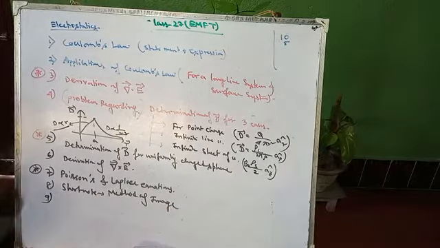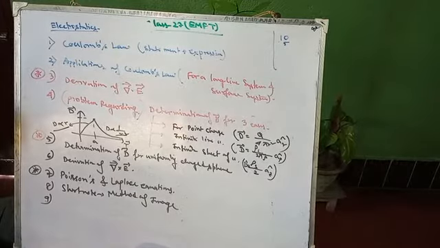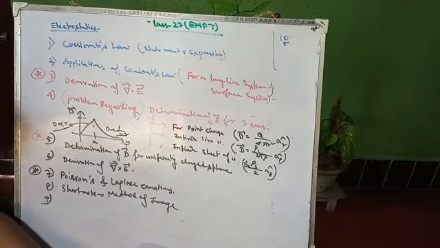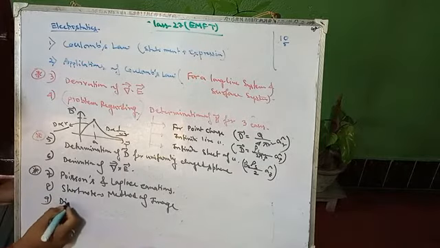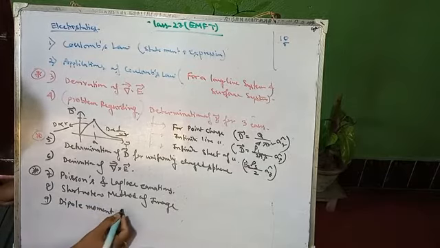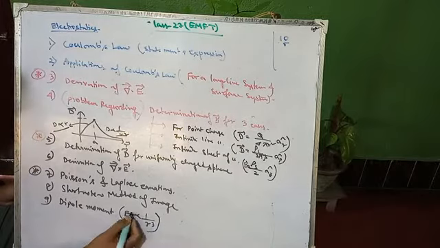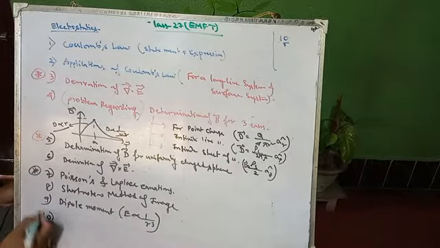The 9th: Dipole moment proof. Dipole moment, there is a proof. Intensity is inversely proportional to 1 by R cube. This proof is very important, but I will not put a star.